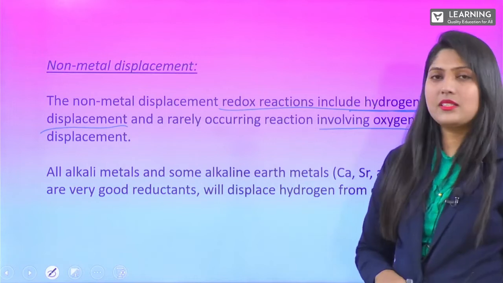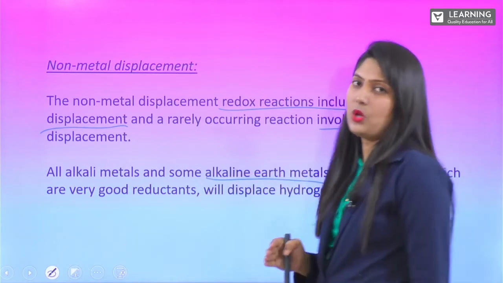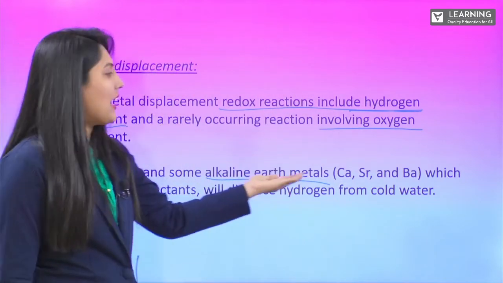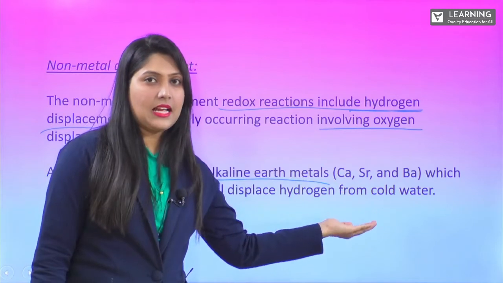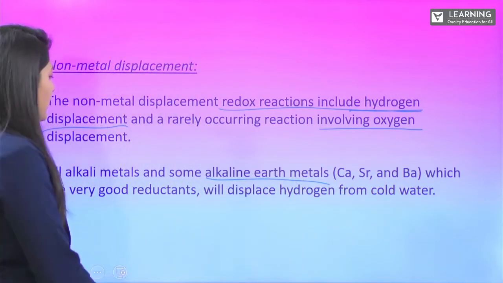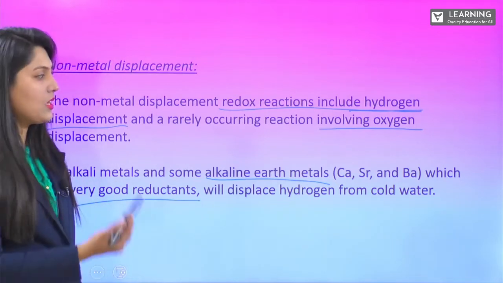All alkali metals and some alkaline earth metals, that is S block elements, first group and second group elements, and some of the calcium, strontium and barium metals which are very good reductants will displace hydrogen from cold water.